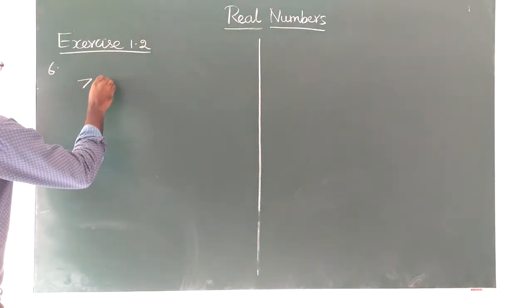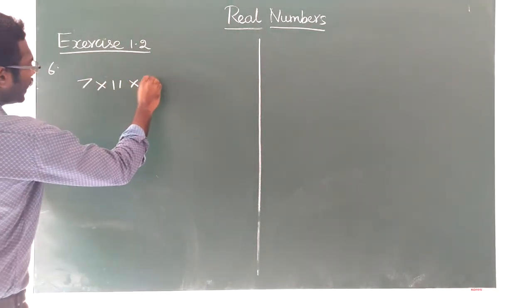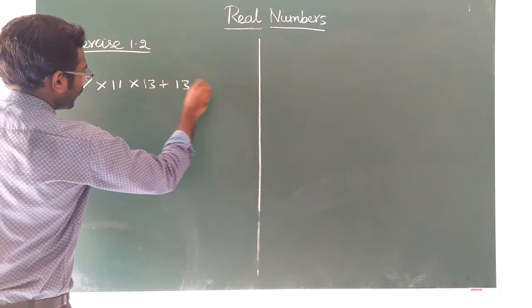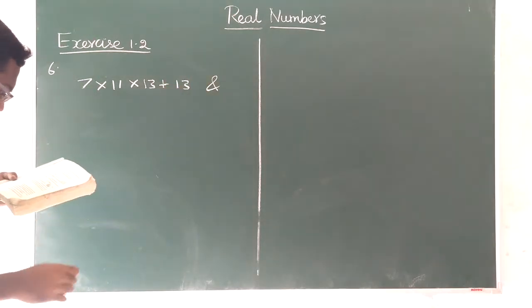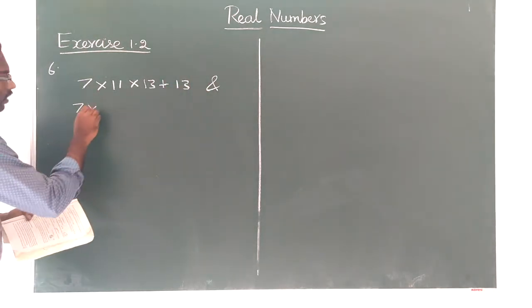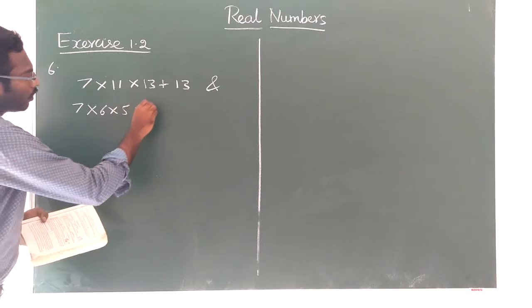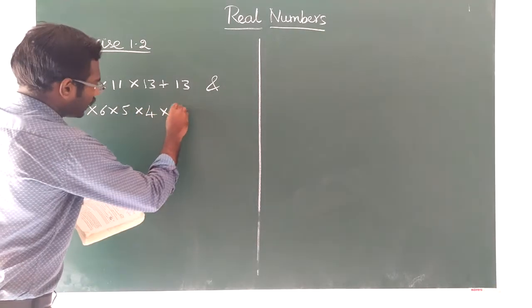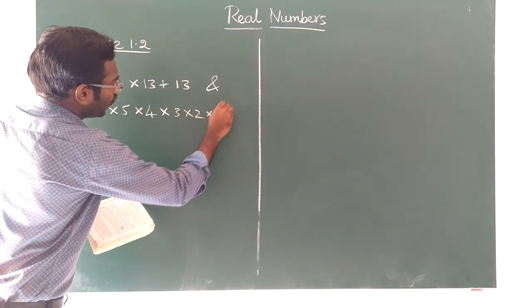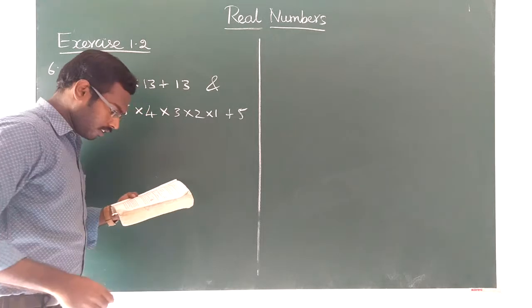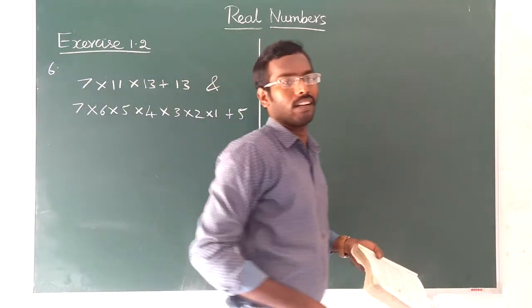7 into 11 into 13 plus 13, and another term 7 into 6 into 5 into 4 into 3 into 2 into 1 plus 5, are composite numbers.